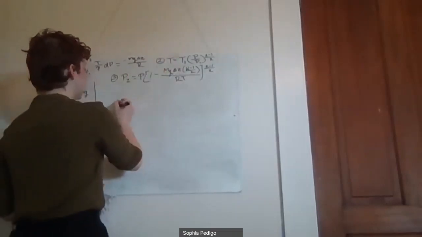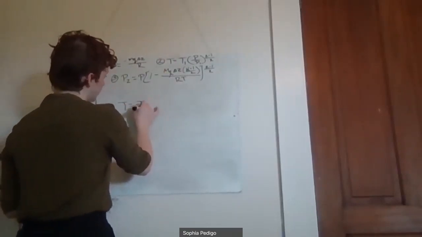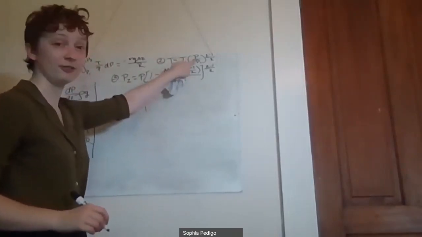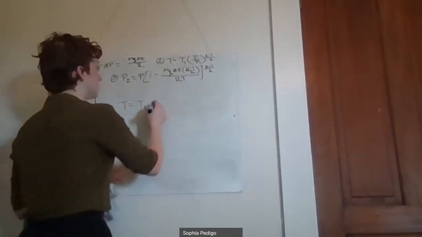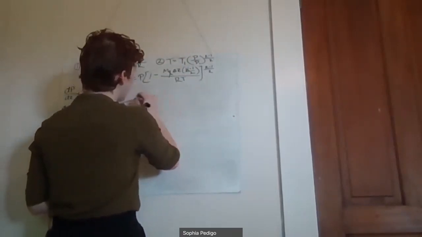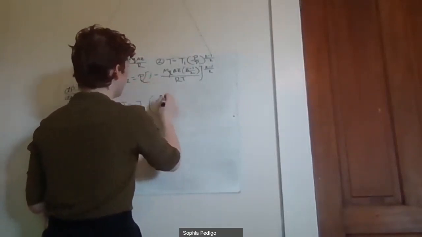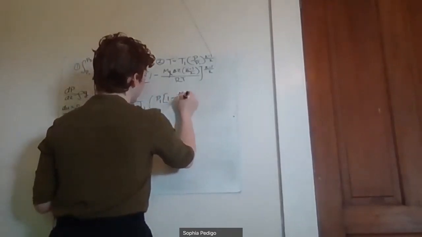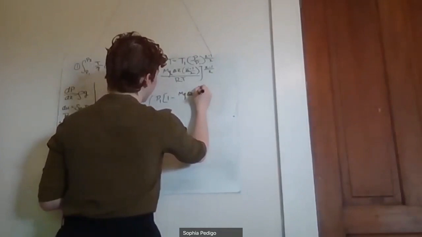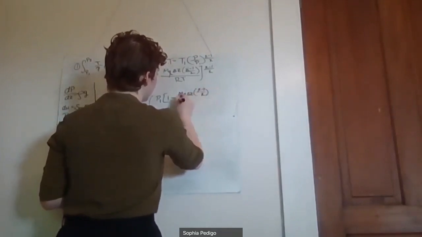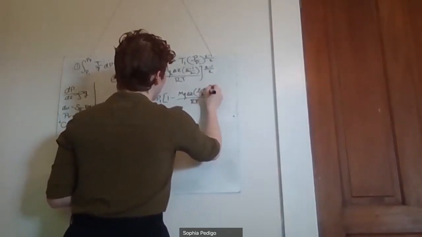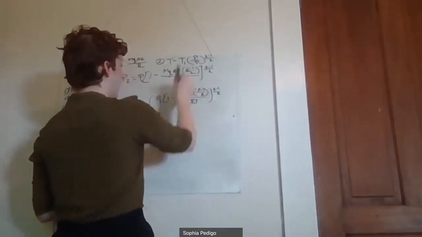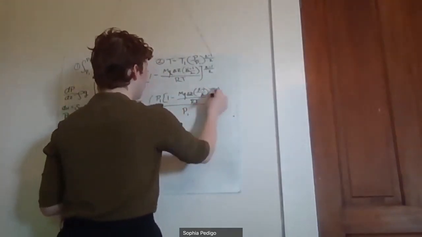So I'm going to look at this equation again, which is just T equals T1. And I'm going to substitute this expression that we just found in for that final pressure up here. So that's going to be this whole thing, which should be P1, sorry. P1 bracket 1 minus mg change in altitude multiplied by K minus 1 over K divided by RT, and this whole thing raised to the K minus 1 over K, divided by P1.